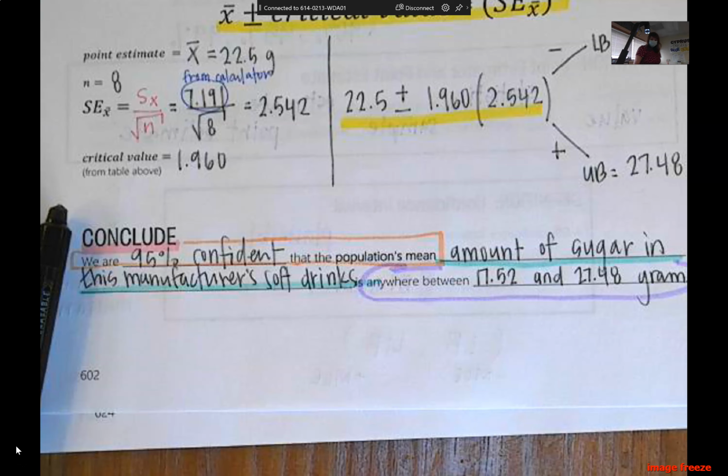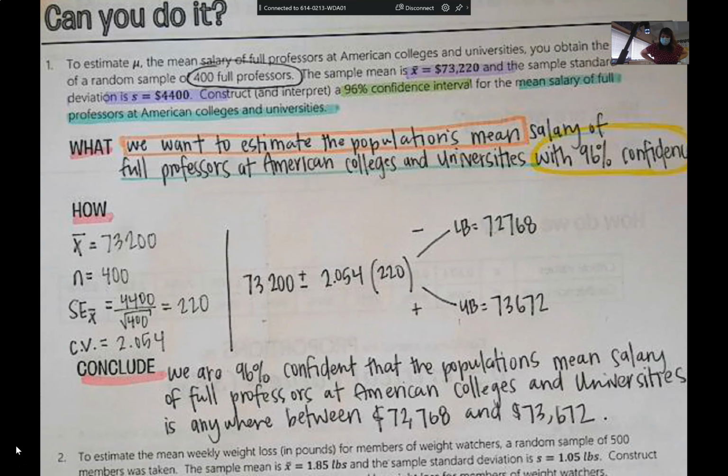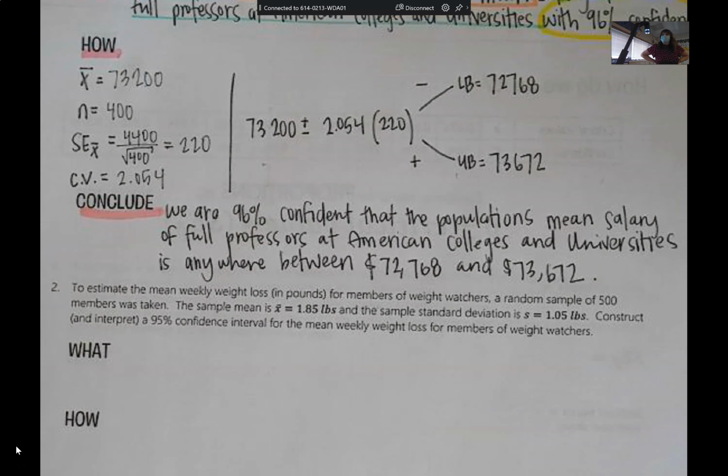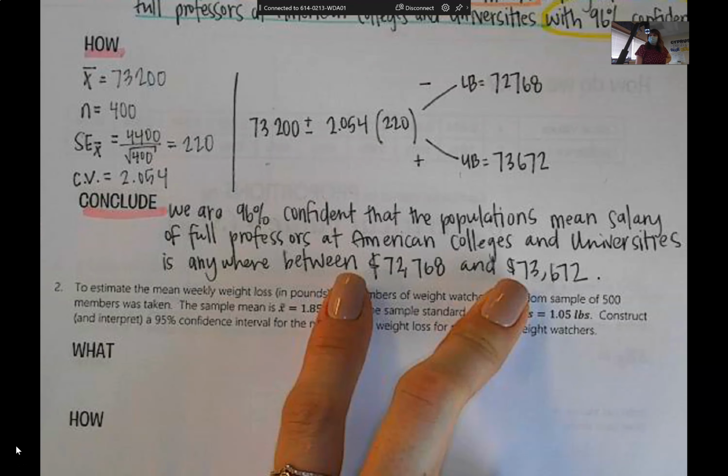Okay, so we are 96% confident that the population's mean salary of full professors at American colleges and universities is anywhere between $72,768 and $73,672. If you didn't put your dollar signs on, do that now.